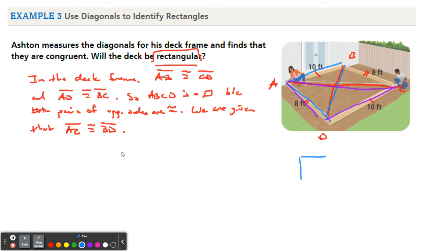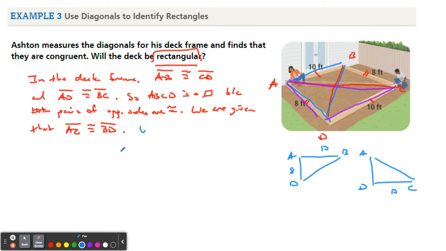So here's ADB, or ABD. And then here is ADC. And again, we know that this is 8, this is 10, this is 10, right? Okay, so let's continue on.